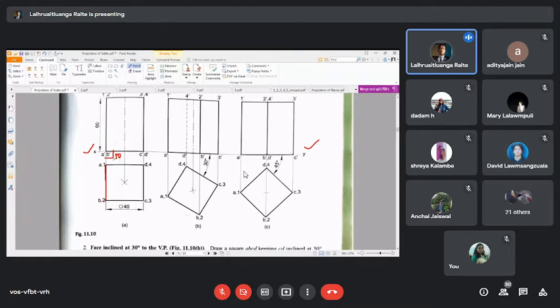So this is our first orientation. The moment we orient it properly, then we get our solutions. So we have the base side measuring A, B, C, D, and the top part is also 1, 2, 3, 4.